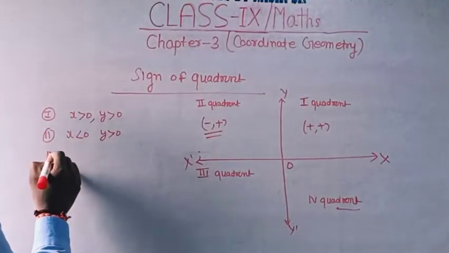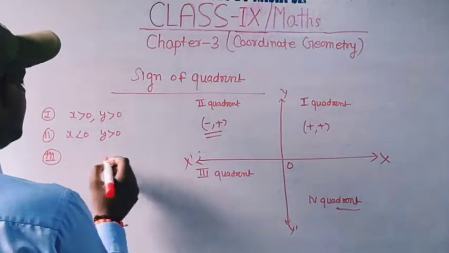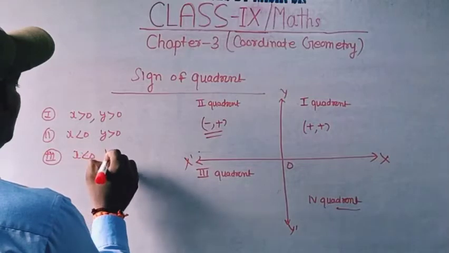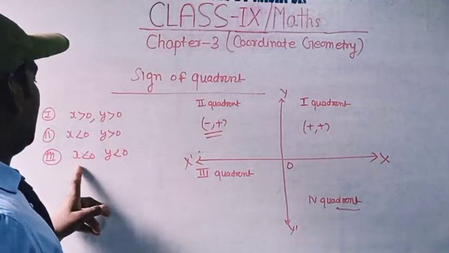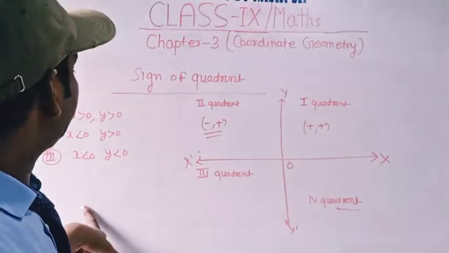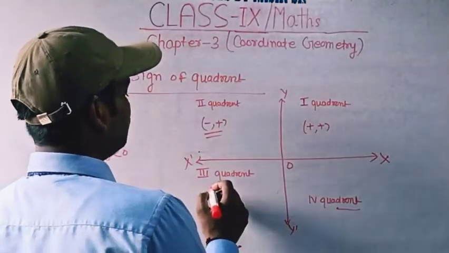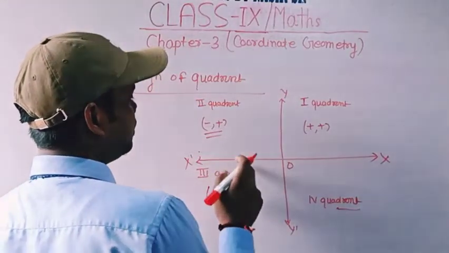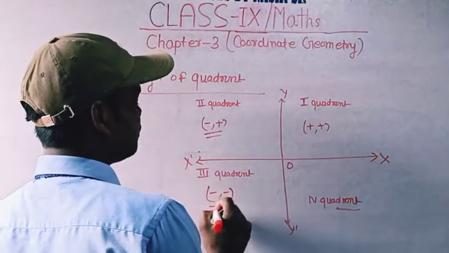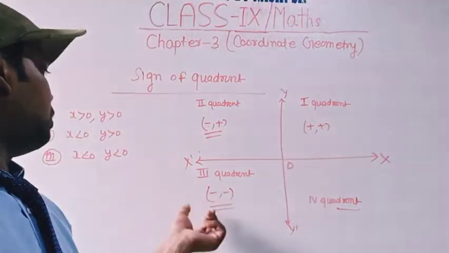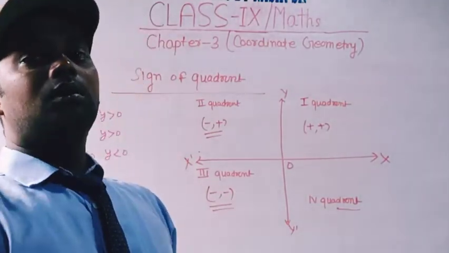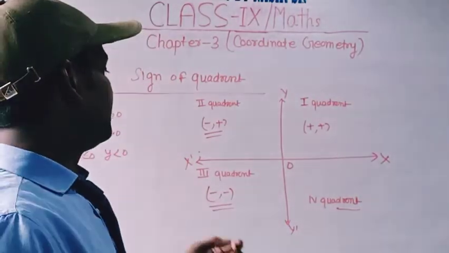In the third quadrant, x is less than 0 and y is also less than 0. So x less than 0, y less than 0 represents the third quadrant, and in the third quadrant both axes are negative, OX' and OY'. So the sign of the third quadrant is minus, minus. Only minus, minus ordered pairs are represented in the third quadrant.